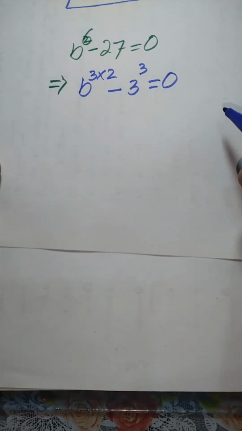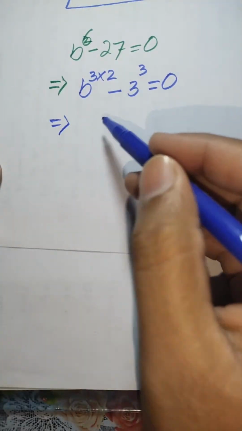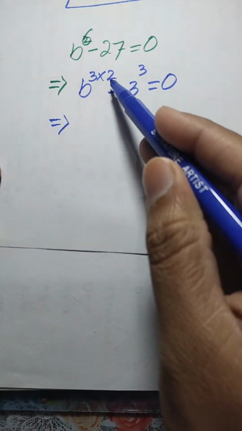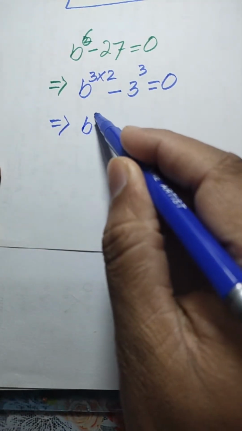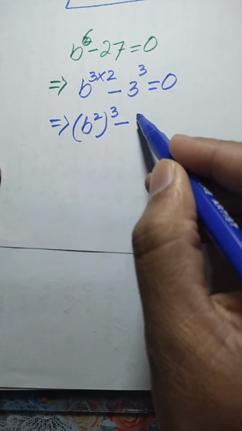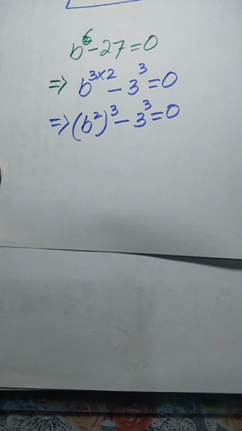Here we use the exponential law, you know about that. We move this 2 inside the term, and it will be written as b squared, whole cubed, minus 3 cubed, and this whole equation is equal to 0.